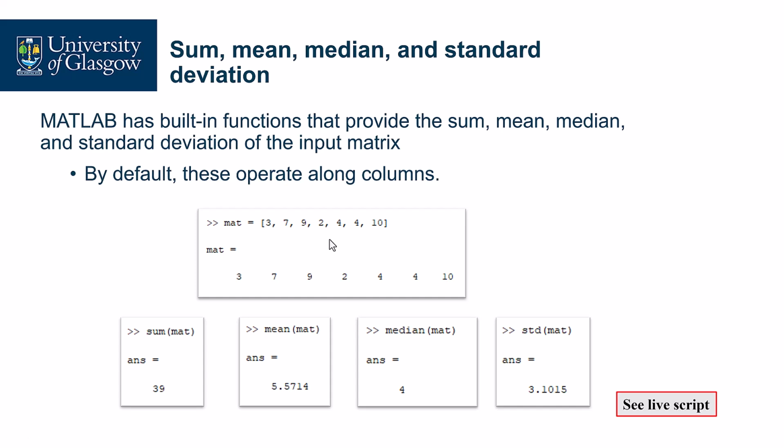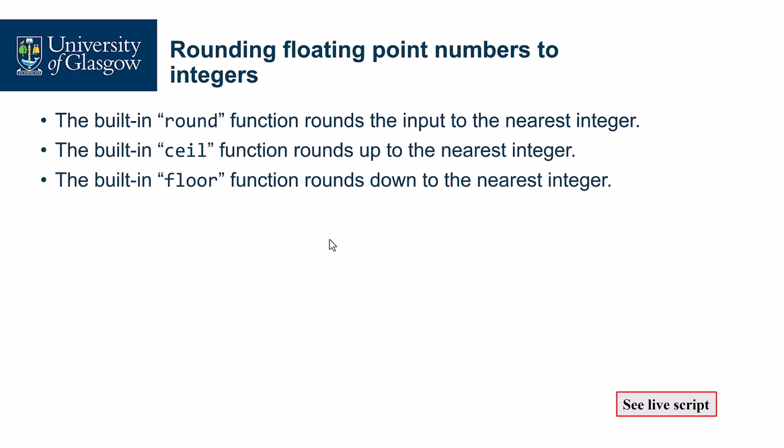The next category is rounding functions. In this category, we have three functions: round, ceil, floor. Round means I round the input to the nearest integer. Ceil means up to the nearest integer, and floor means down to the nearest integer.